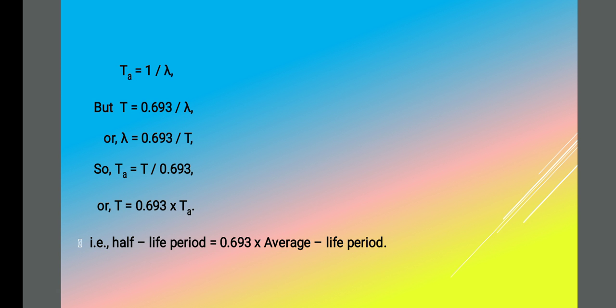In half-life period we calculated T is equal to 0.693 divided by lambda, and in average life period T is equal to 0.693 into Ta, or simply half-life period will be equal to 0.693 into average life period.